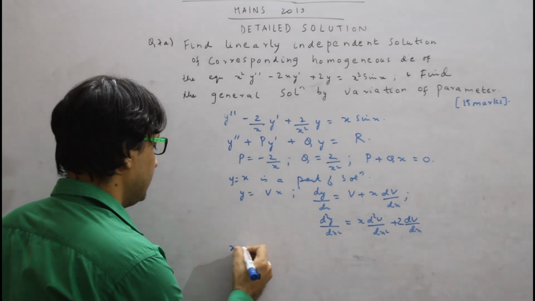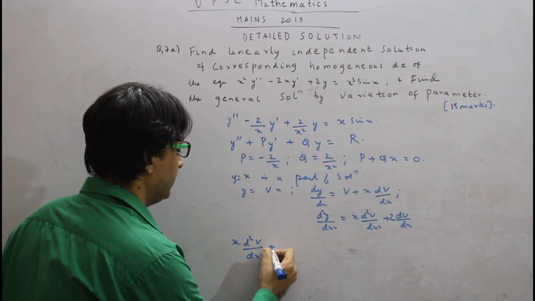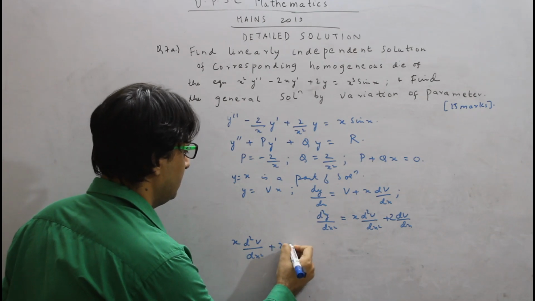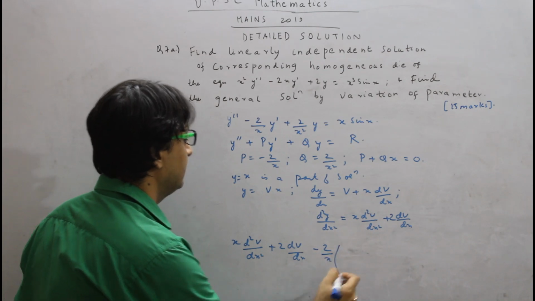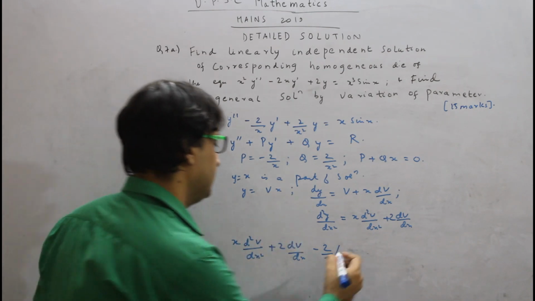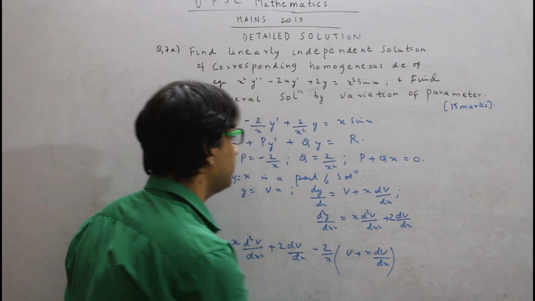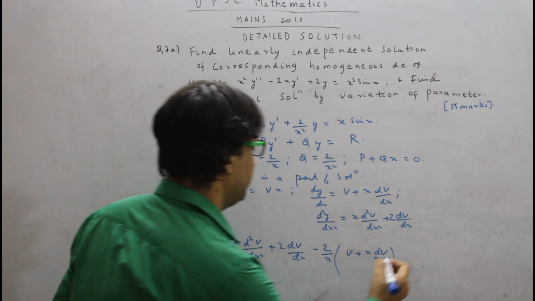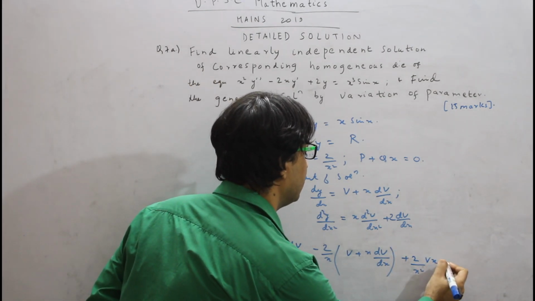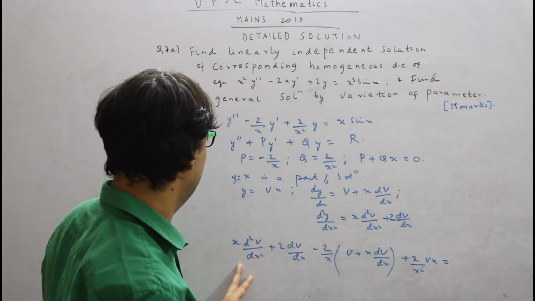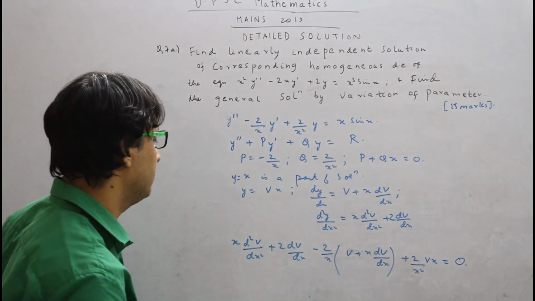So this gives us x d square v by dx square plus 2 dv by dx minus 2 by x. We have to put the value of dy by dx, this is v plus x dv by dx, plus 2 by x square, and the value of y is vx. Since we are finding the complementary function, we are putting that equal to 0.